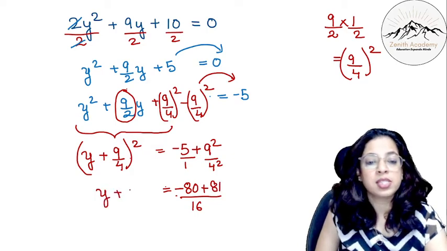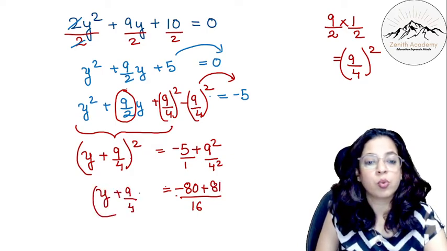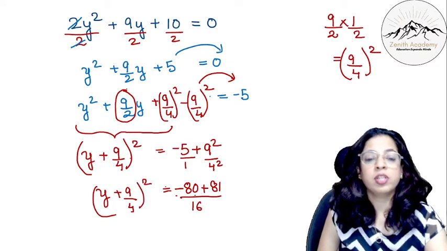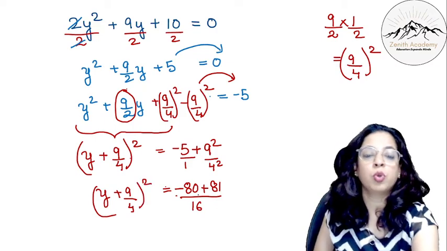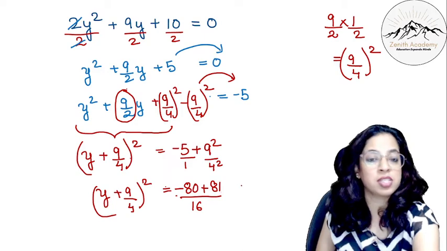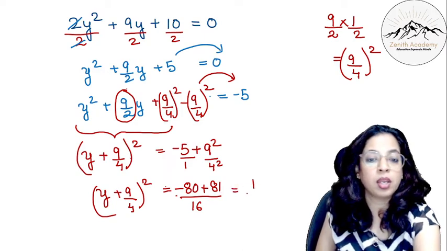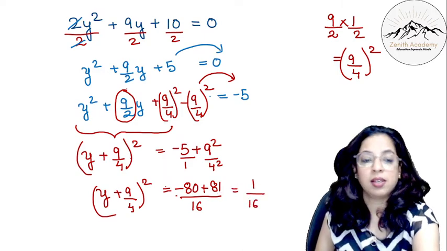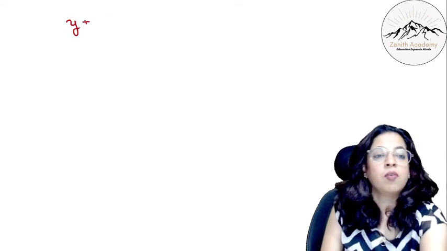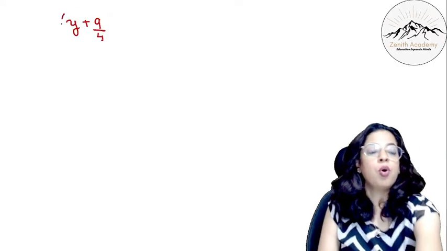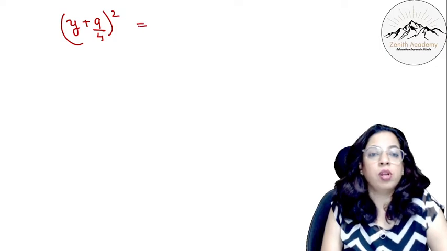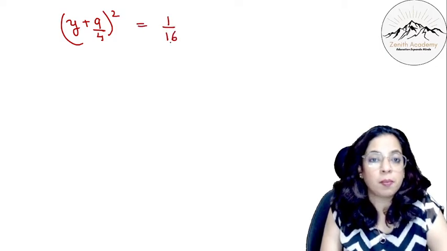So y plus 9 by 4 whole square is this. Now what is minus 80 plus 81? Both are different signs. So you will subtract and put the sign of the bigger one. So it will be 1 by 16. Let's write it here again. y plus 9 by 4 whole square is equal to 1 by 16.